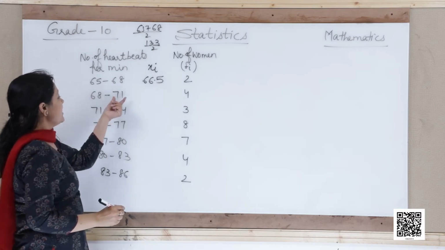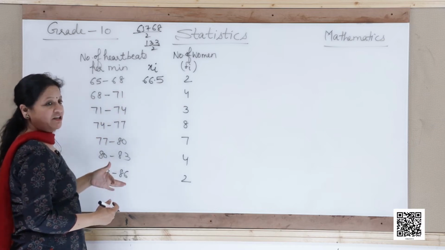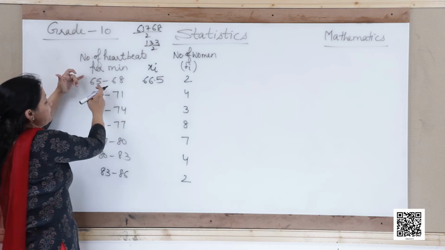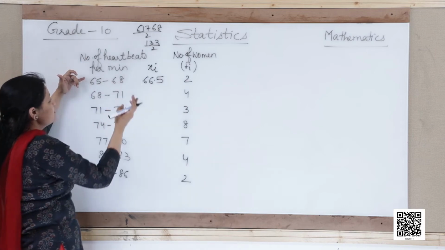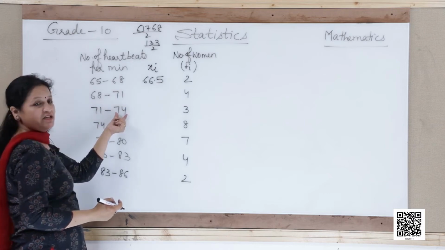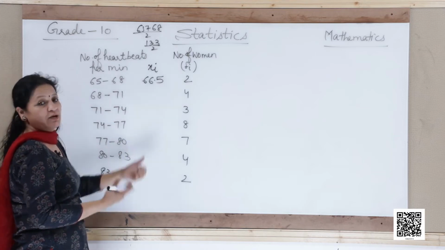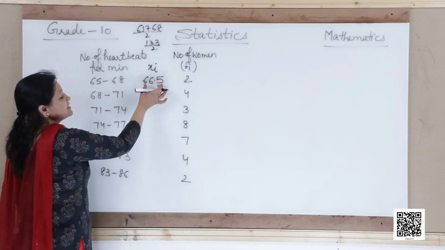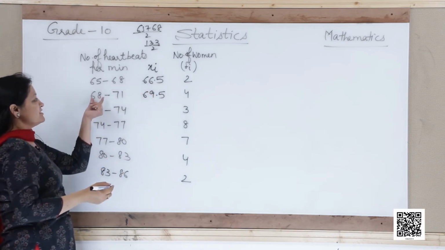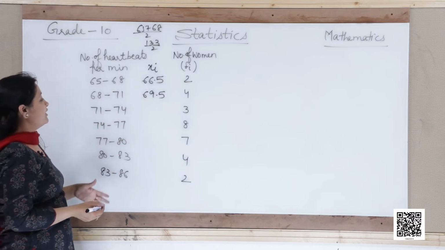Similarly, 68 plus 71 divided by 2, and then find it out. Or another way, you can check that the difference between 65 to 68 is 3, 68 to 71 is 3, 71 to 74 is 3. So we can continuously add 3 in this to get another number. Means 66.5 plus 3, 69.5. You can check 68 plus 71 divided by 2, you will be getting 69.5.